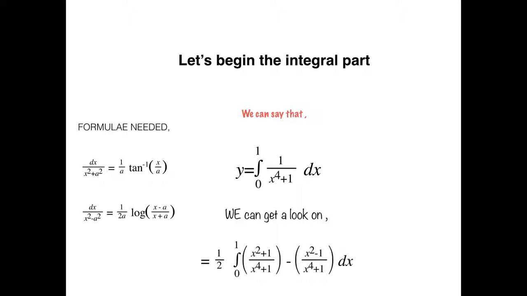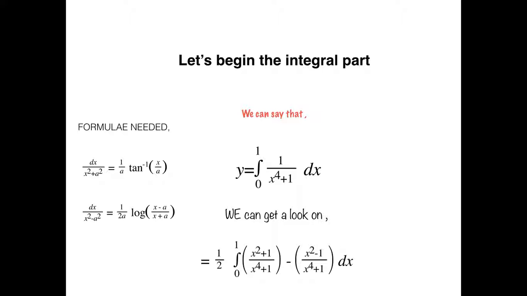It's 1 by 2 integral of 0 to 1 of x squared plus 1 by x to the power 4 plus 1 minus x squared minus 1 by x to the power 4 plus 1. You can have a look that the x squared cancels after the LCM is taken, and the 2 is also cancelled. So this is a valid conclusion that it can be written in this way.